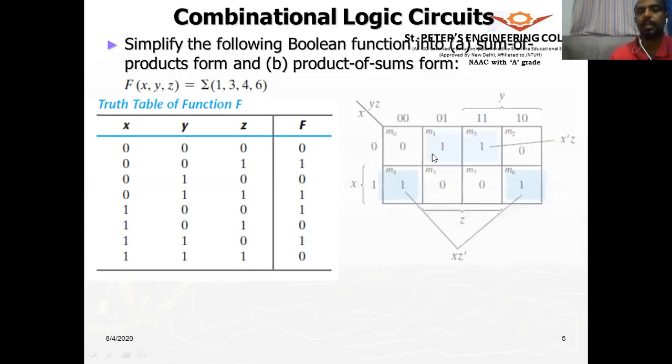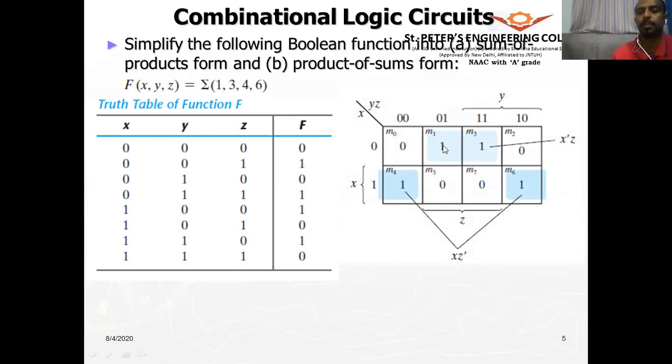Next, we write the 3 variable corner map for this by taking YZ this side and X this side. This is the standard form. You can write the other way also, X here and YZ this side. And then we identify the ones and we start the grouping. So there is no 4 combinations possible.